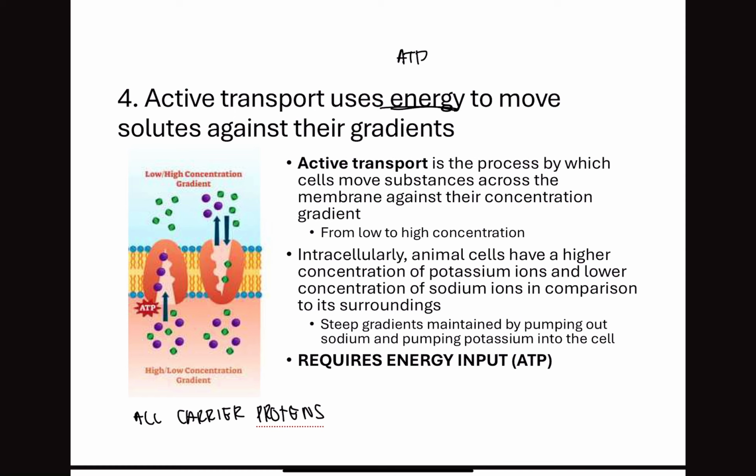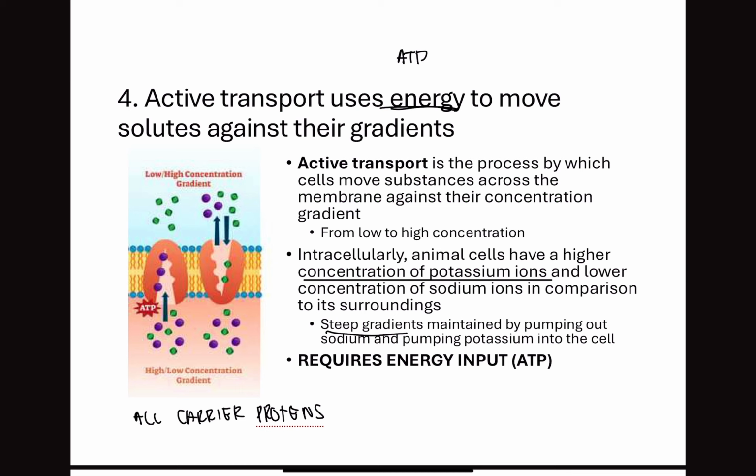So when compared with its surroundings, we have an animal cell. And our animal cells actually have a higher concentration of potassium ions and a lower concentration of sodium ions when we compare them to their surroundings. And the plasma membrane helps to maintain these really steep gradients by pumping out sodium and pumping potassium into the cell.